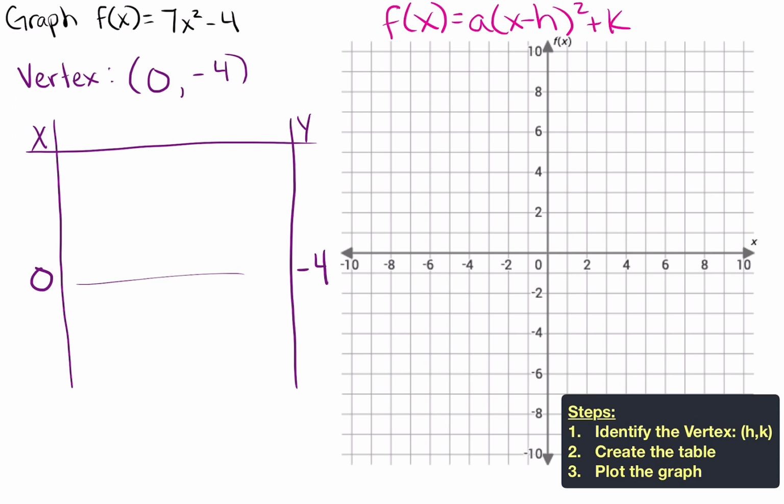Okay, and just like before, when we have a whole number for a, in this case a 7, that means that we're going to find the numbers that are 1 to the left and 1 to the right of 0, because 0 is our h value.